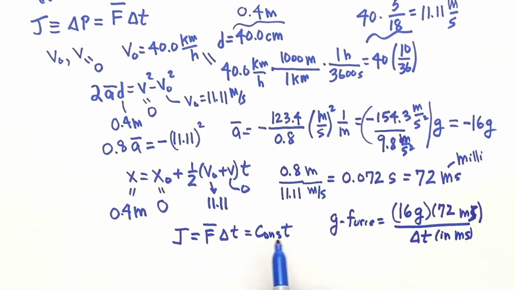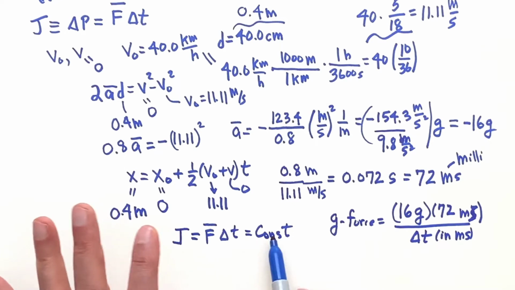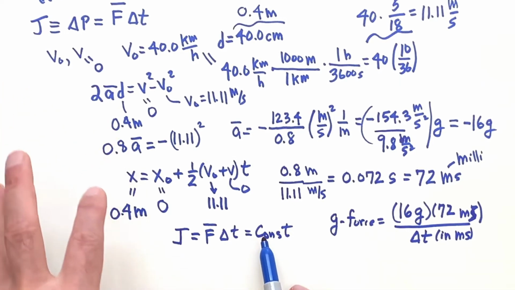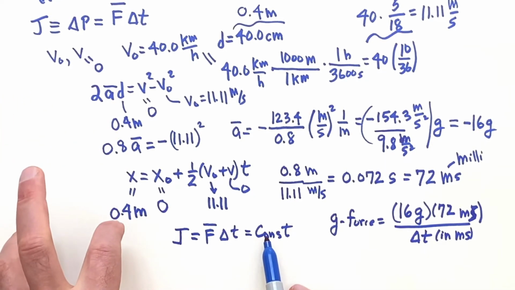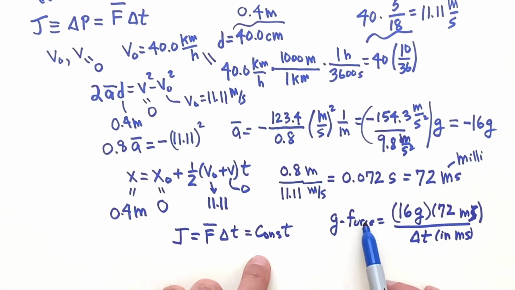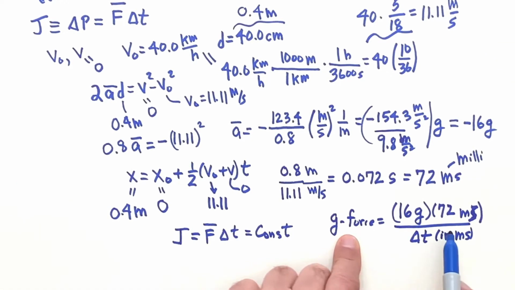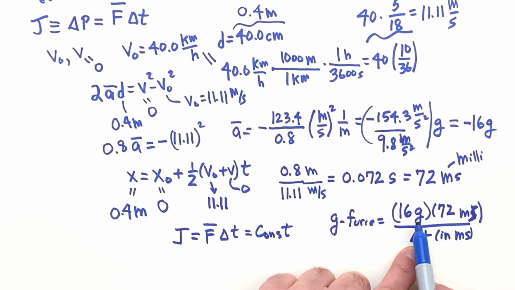So what I'm saying is, given the impulse of this accident, which is basically a constant determined by the data of the accident, the g-force, which I figured out with 72 milliseconds, is 16 g. If I could make that delta t longer than 72, I will cut down the g-force. So this is the idea of the analysis.